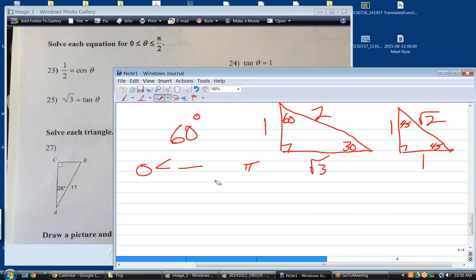What about tangent theta? Tangent of theta equals 1. Where does that occur? I'm going to make this 360 degrees. Since I'm doing it a little bit harder, let's leave it in degrees instead of radians for the moment. It's harder to convert some of those others.